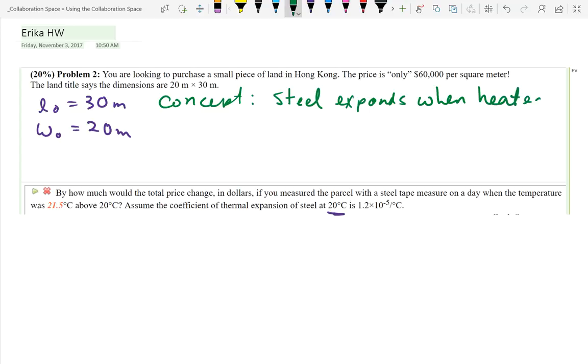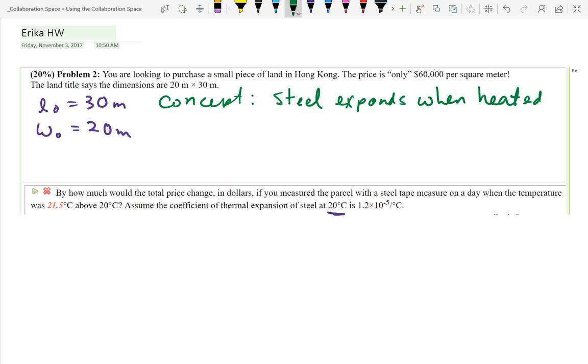Okay, thermal expansion. The steel expands when you heat it. So I'm still going to be measuring what's measured as 20 meters on my tape, but it's going to be a little bit larger in reality. So we're going to determine how much larger it really is.